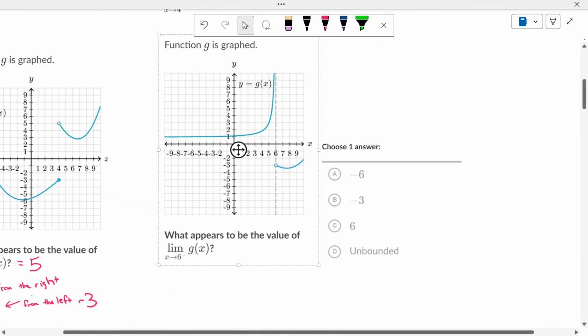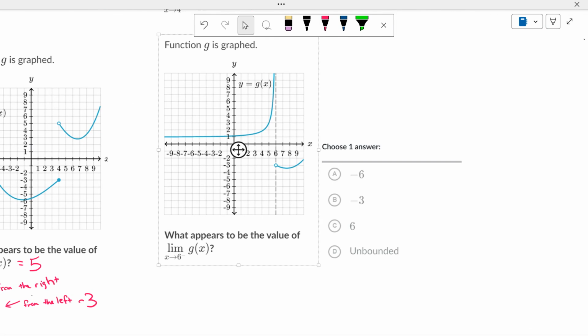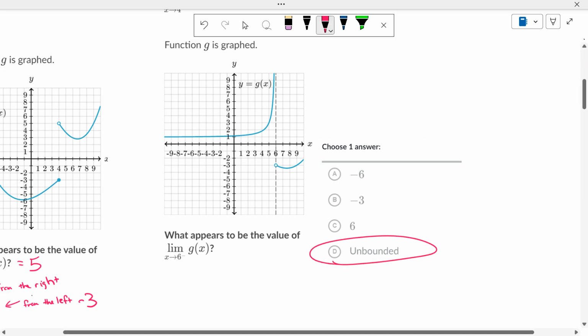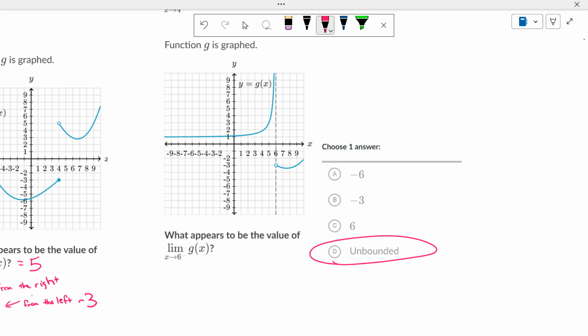Now, what appears to be the limit as x approaches 6 from the left? Where does it go? Infinity, so it is said to be unbounded. That'll be their answer when it goes to infinity. Okay? It'll be unbounded because it doesn't end.